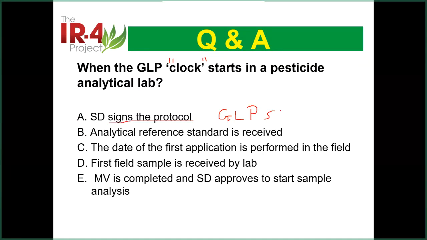But in your lab, when you work on something, there's no way you can do GLP. You don't have any samples, you don't have the standards, so you do not have to do the GLP.